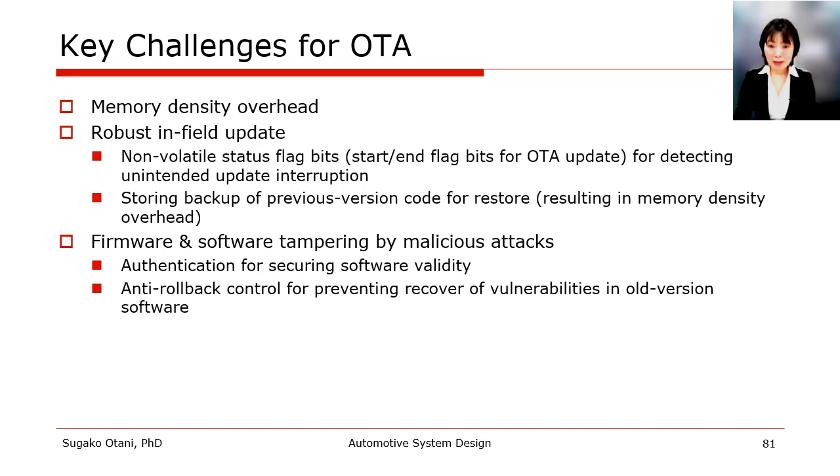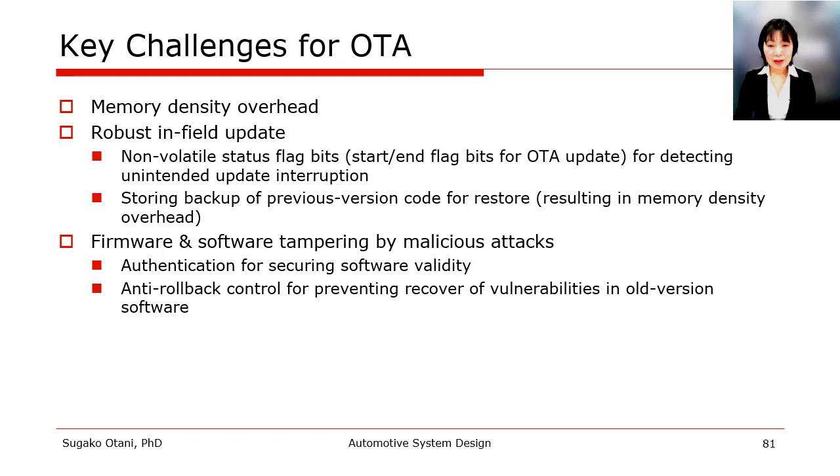One idea is to use OTA start and end flag bits for detection. The system can know there was an interruption if the start flag is set and the end flag is not set. And if there is a full backup of the previous version code, we can use it after the next boot. Please note full backup needs twice larger memory density.